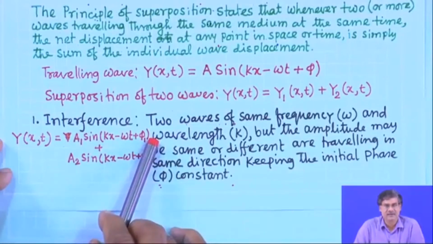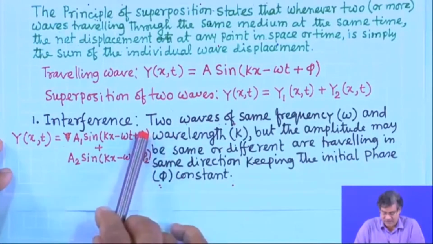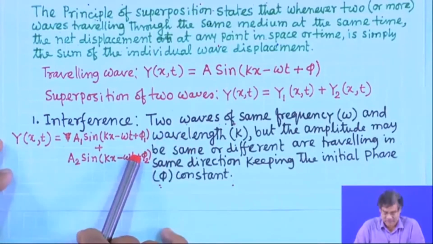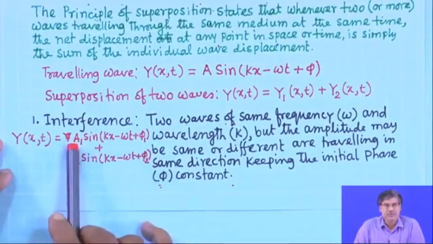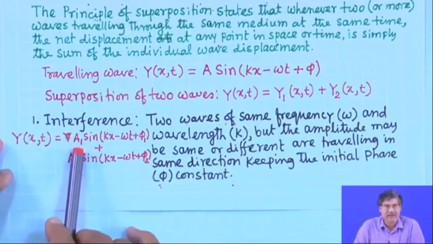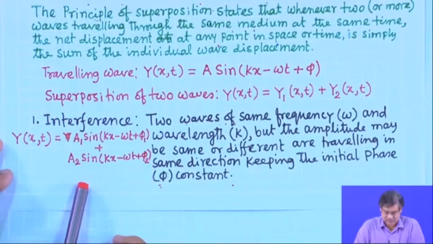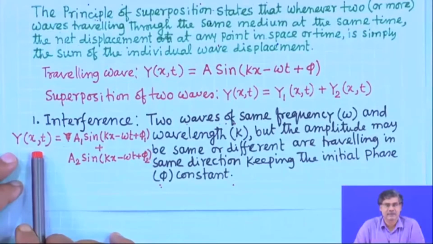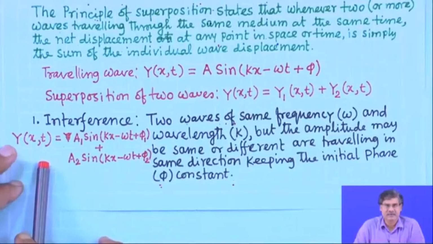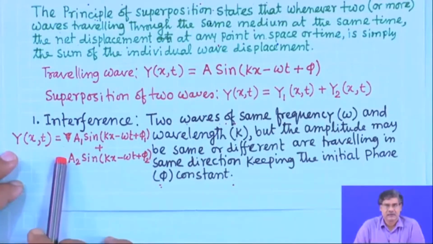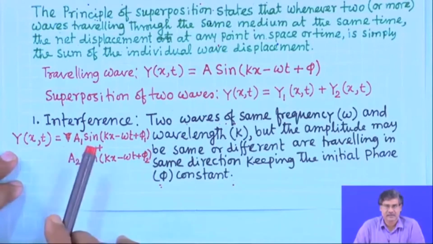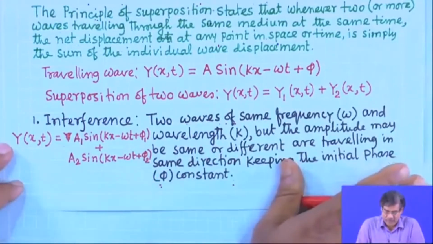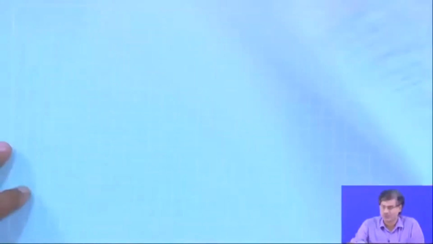They have a constant phase difference: here is φ1, here is φ2, the constant initial phases. Their amplitudes may be the same or different, so I have taken A1 and A2 here. In the resultant displacement y, we will see the interference effect. That we will discuss elaborately, but before that, let us look at the other two phenomena.